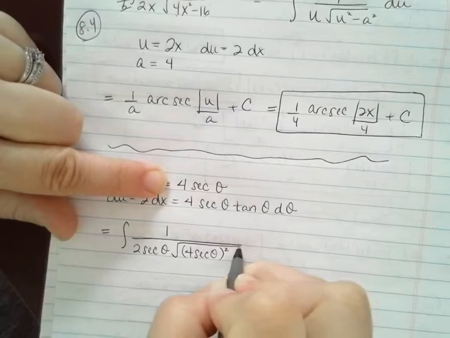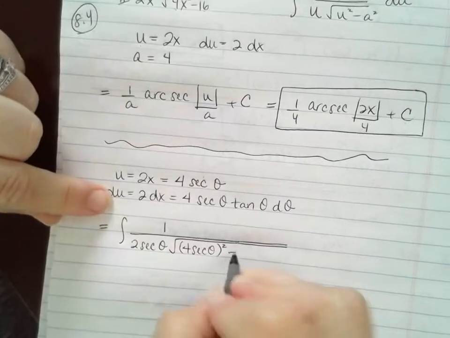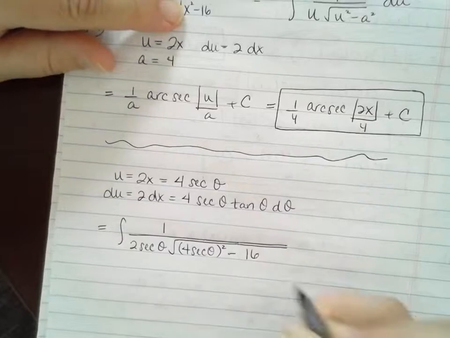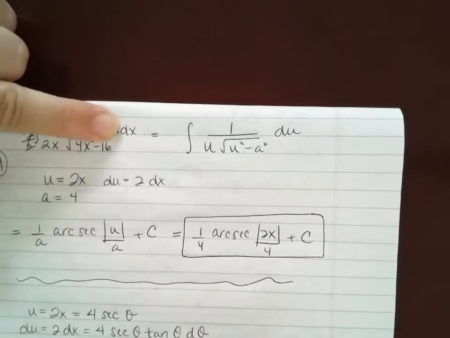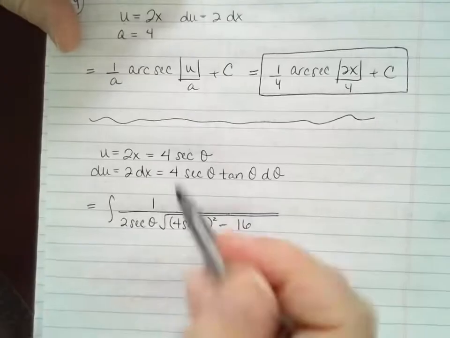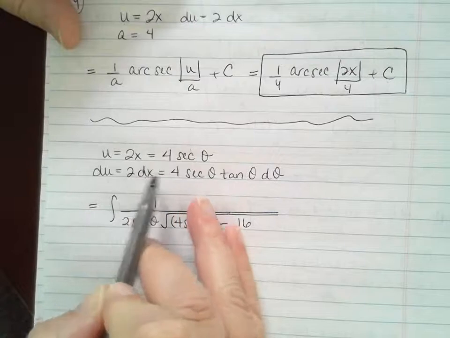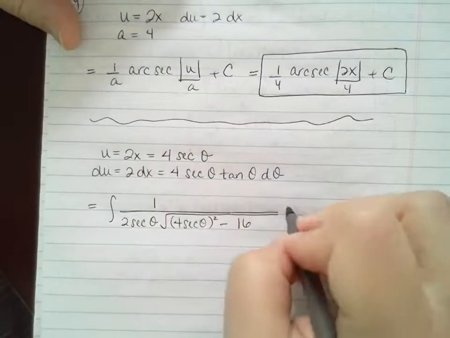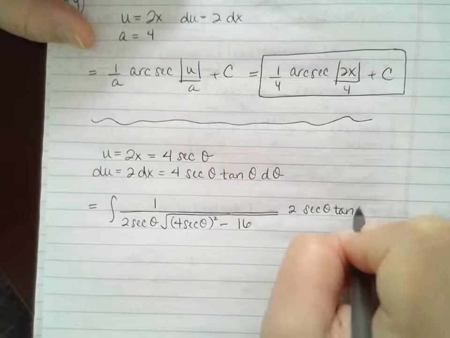I'm showing you this the long way. There are shortcuts to it, but for right now I'm just showing you exactly what the long way would look like. And this 2dx was just a dx by itself. If I did dx by itself, I would have to divide both sides by 2, leaving 2 secant theta tan theta d theta.